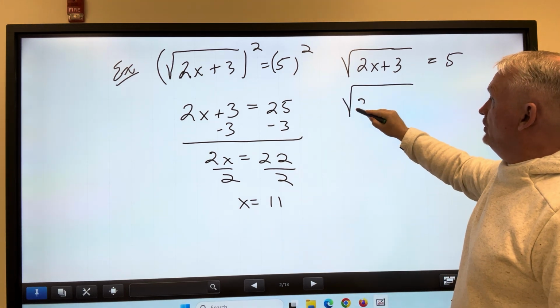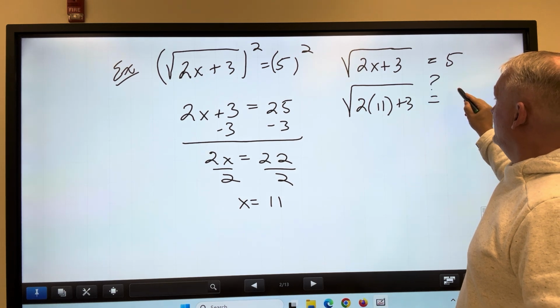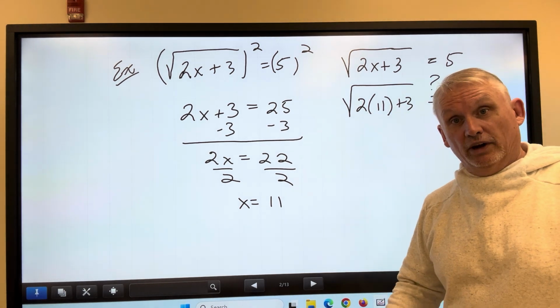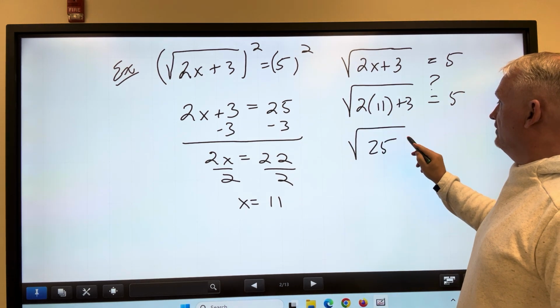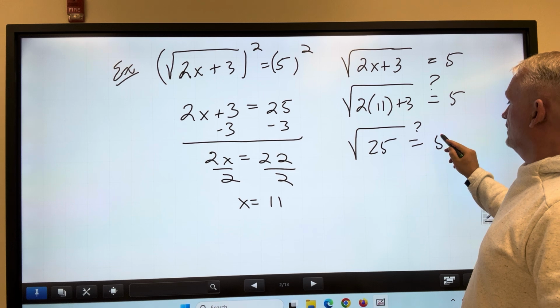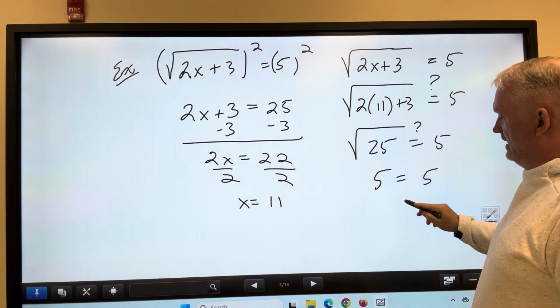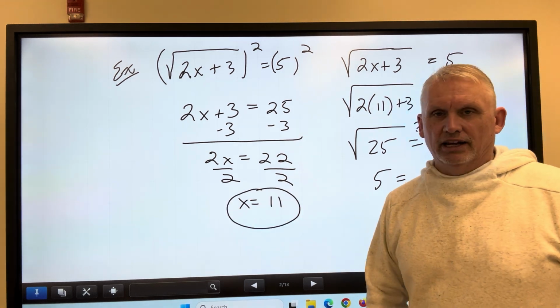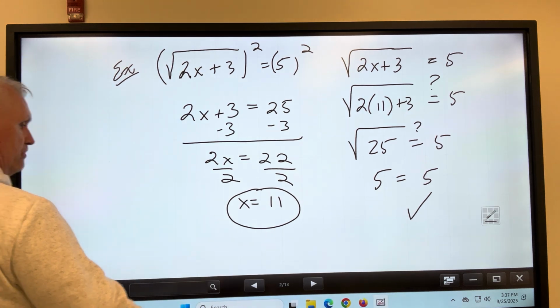The square root of 2 times 11 plus 3, does that equal 5? Well, 2 times 11, which is 22. 22 plus 3 is 25. Does the square root of 25 equal 5? Yes. That checks. In other words, this is a solution. That works. That's good. Perfect. Next.